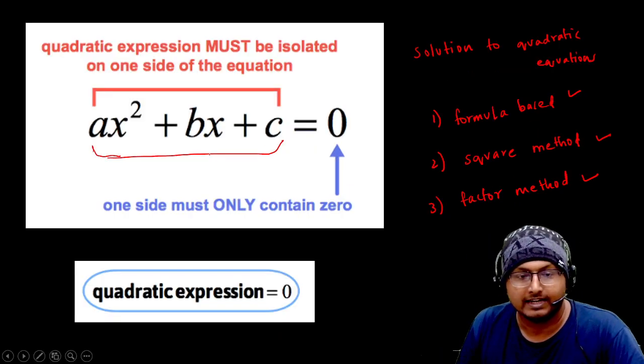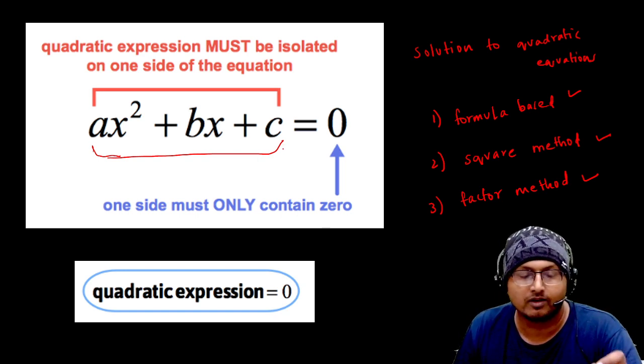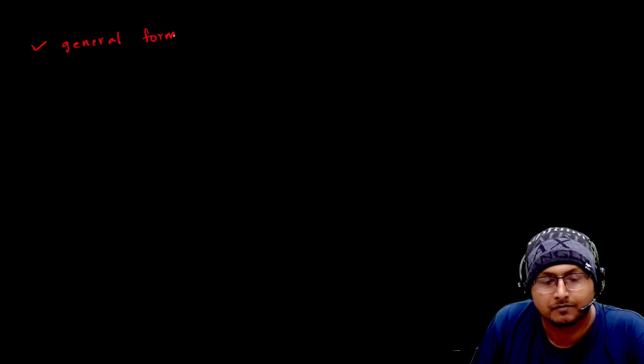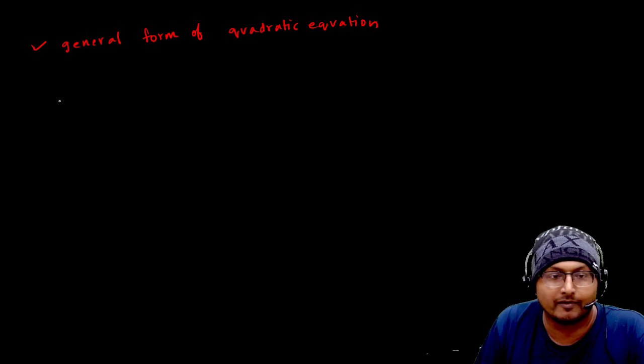So previously, till here, we have discussed all about quadratic equations. We have discussed the general form of a quadratic equation, ax square plus bx plus c.